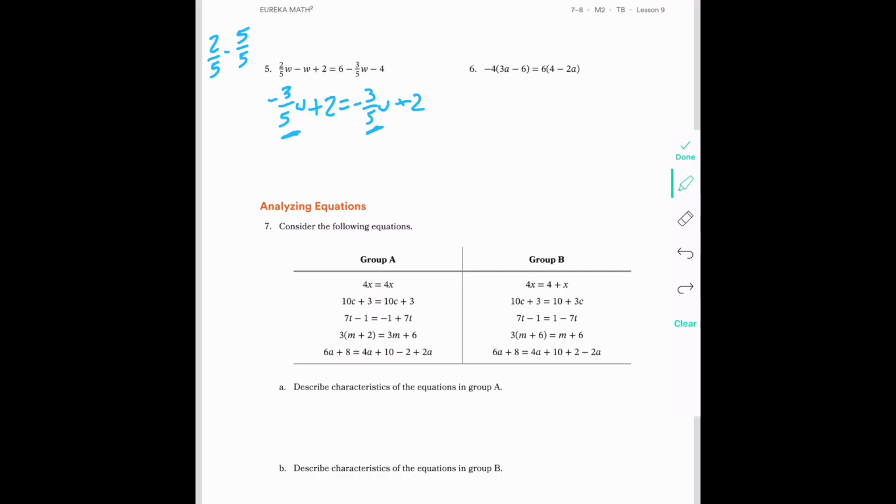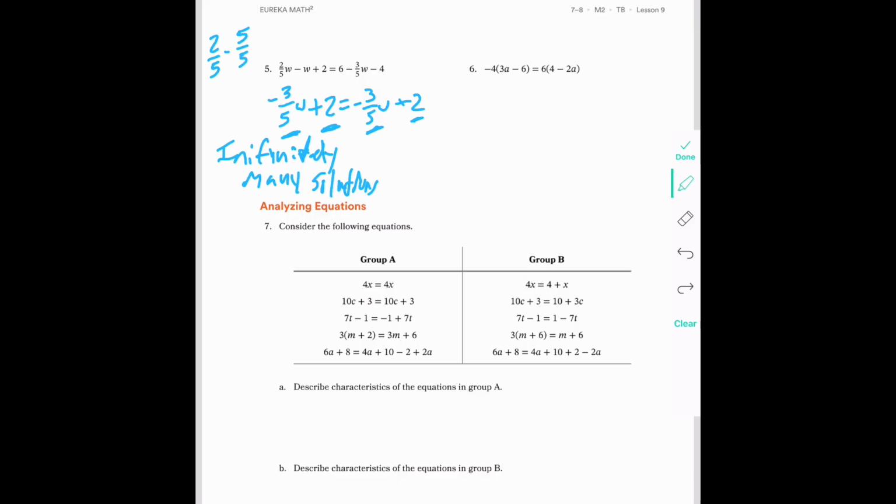I noticed that my linear terms match, and my constants, or my regular numbers, match. So that means this problem has what? Infinitely many solutions. No more work to do. Move on to the next problem.